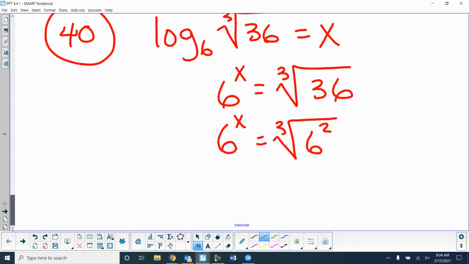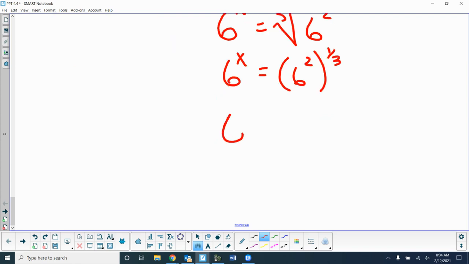We want to write cube root as what exponent? What fraction? Cube root, 1/3. And then just multiply the 2 times the 1/3. That's 2/3. So since I got 6 to something equals 6 to 2/3, this something has to be the same. 2/3, that's the answer.